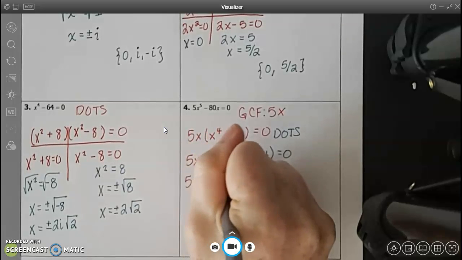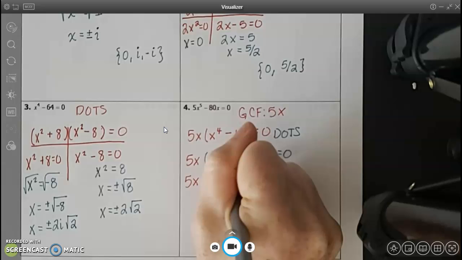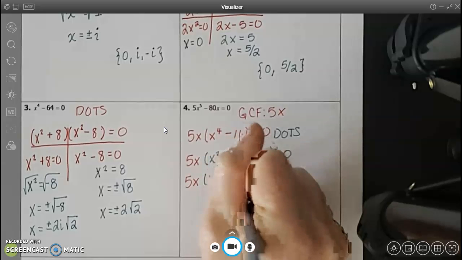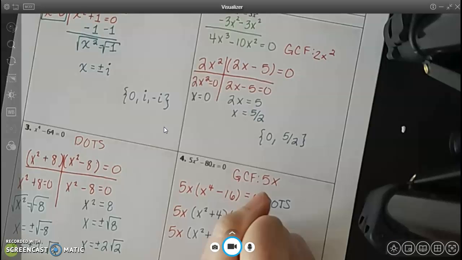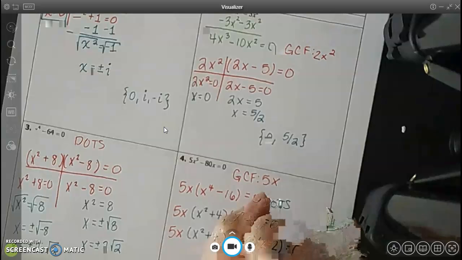Whoa, sorry, the camera fell over. All right, let's let this mess clean up. Okay, so we have 5x, x squared plus 4, x plus 2, x minus 2.